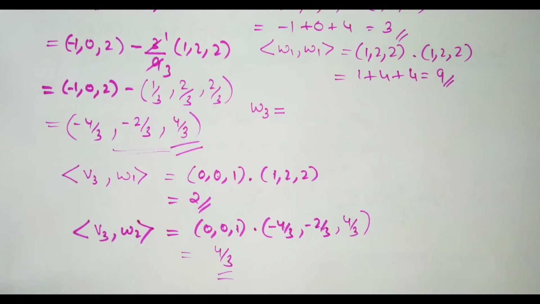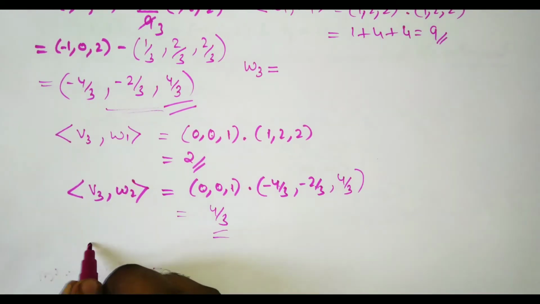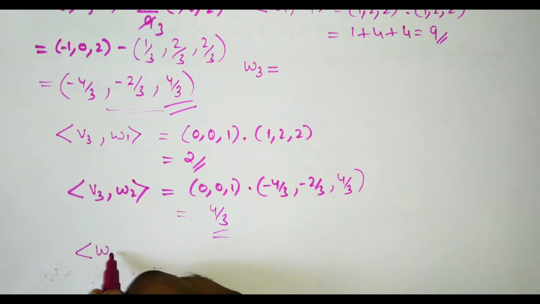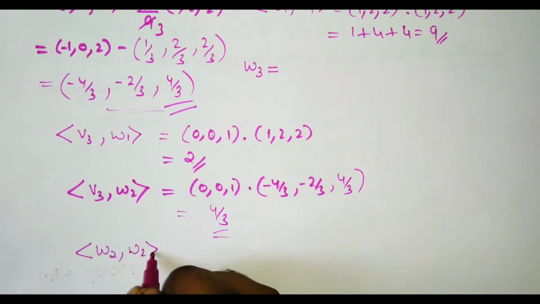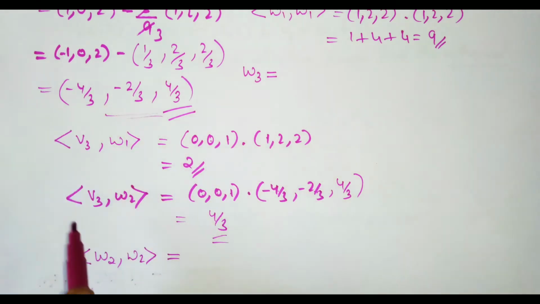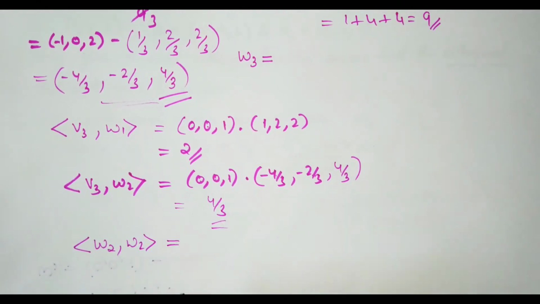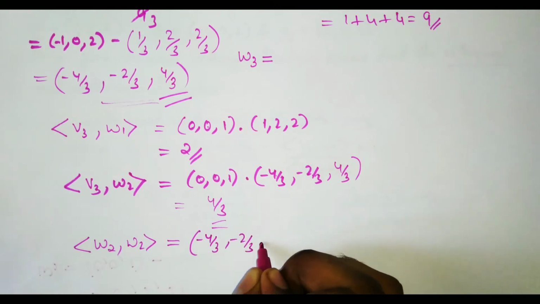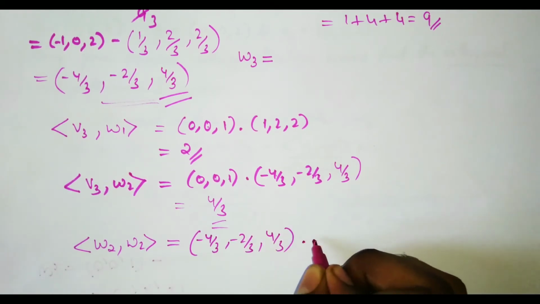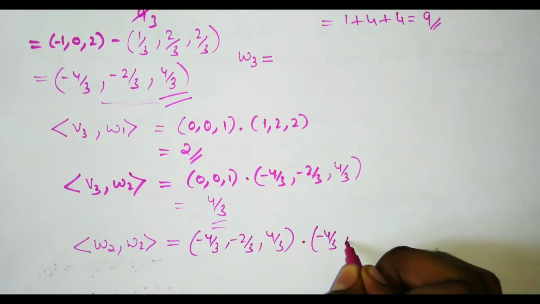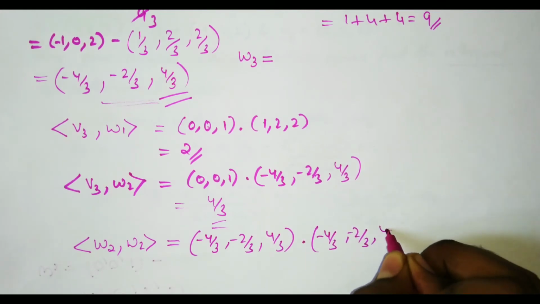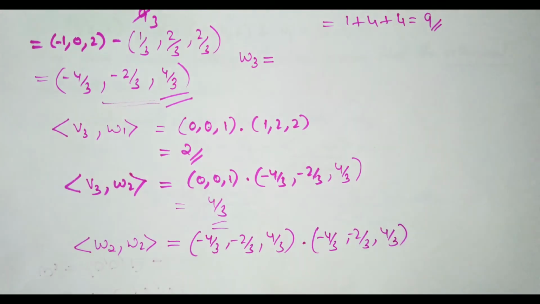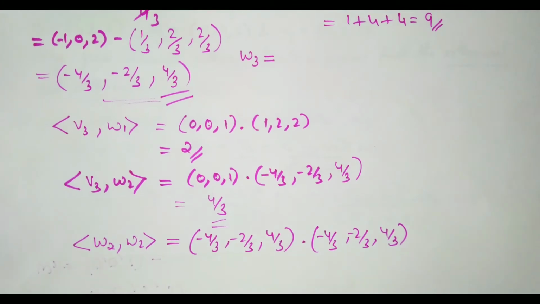Now one more thing we have to find, that is nothing but the W2 inner product. So we have the value of W2 here, the inner product of this we have to find, that means the dot product. So (-4 by 3, -2 by 3, 4 by 3), dot product with the same thing. Okay, so this dot product we have to find out, which is equal to what?